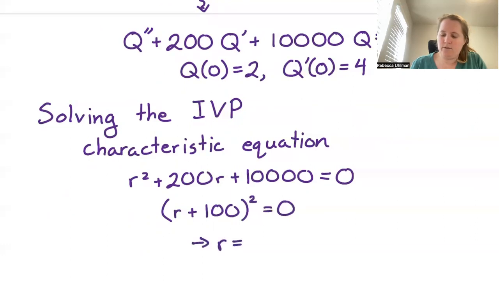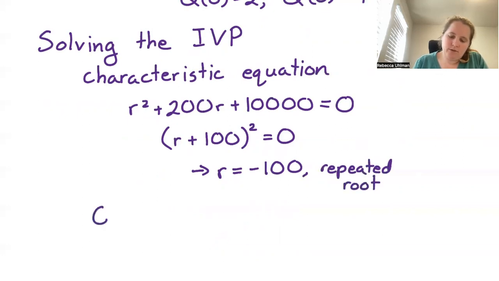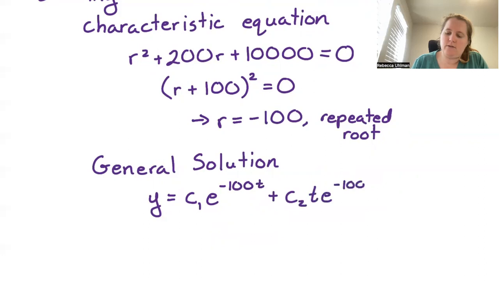So we get that R has a repeated root, R is equal to negative 100. So we wind up with our general solution, y is equal to C1 e to the negative 100t plus C2 times t e to the negative 100t.